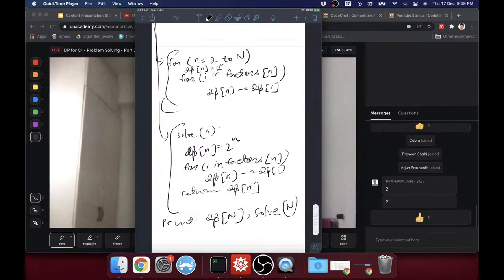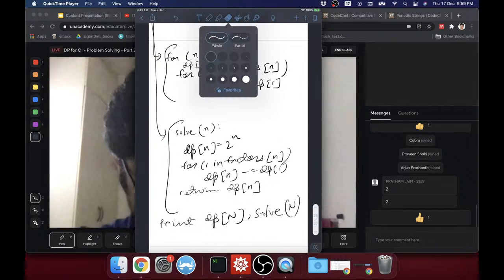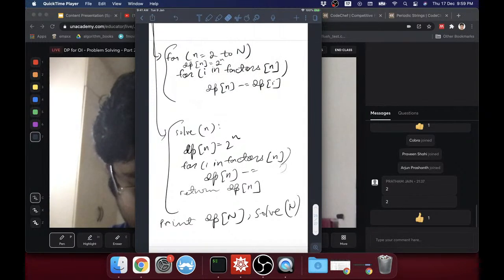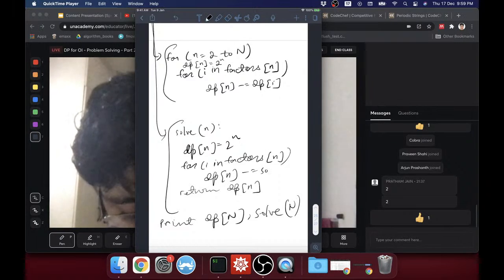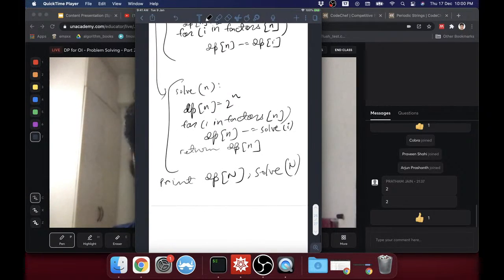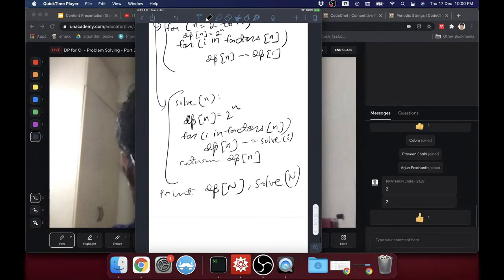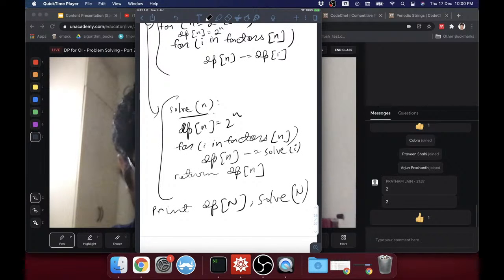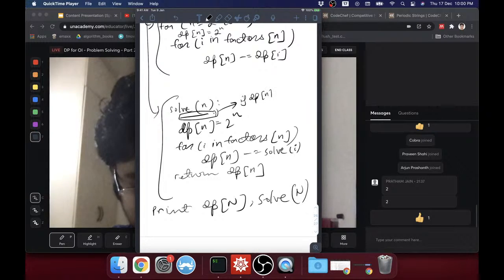Can you tell me which one is faster and which one is slower? Oh, sorry, this looks slightly different. This is not dpi, this is solve i. And you have memoization here. I didn't write the memoization part, but you can add it here: if dpn is not equal to -1, return dpn, just like we did in the previous question.